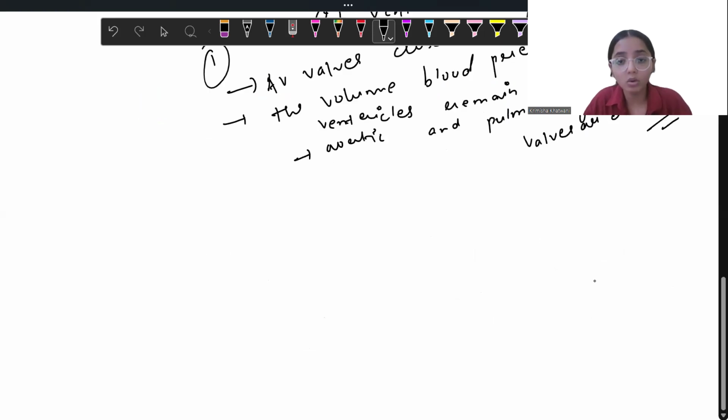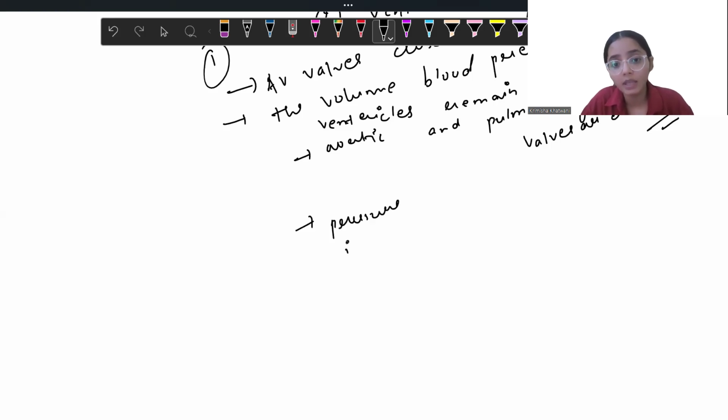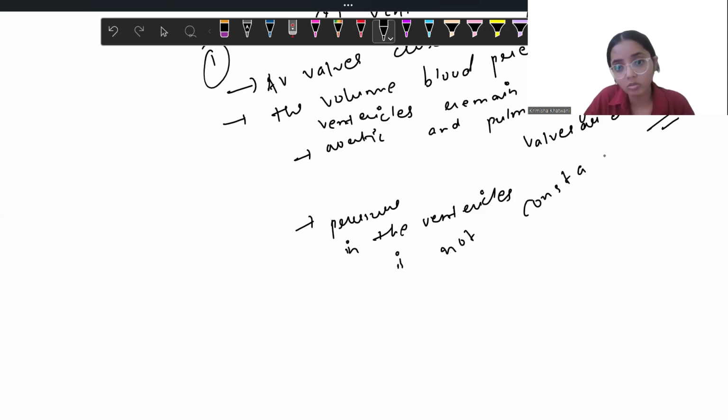So AV valves are closed. The volume of blood present in the ventricles is constant. Aortic and pulmonary valves are closed. Pressure in the ventricles is not constant. It keeps on increasing.